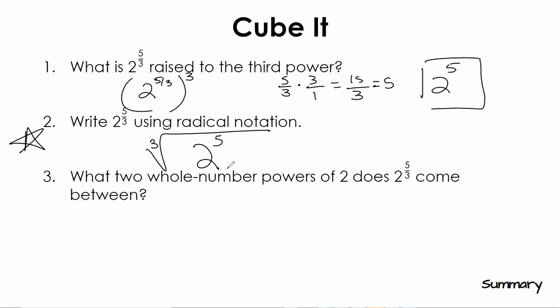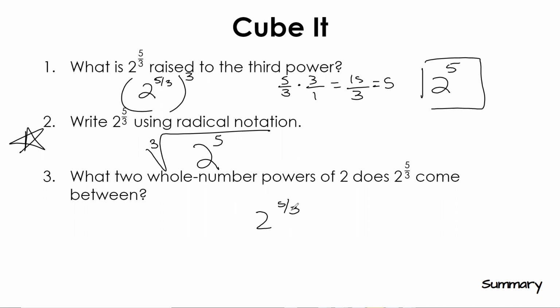On number 3, this is a weird question to ask, but sometimes this pops up on your final exam. What 2 whole number powers of 2 does 2 to the 5/3 come between? If I took 5/3 and put it into decimal form, what is it roughly? 1.66.